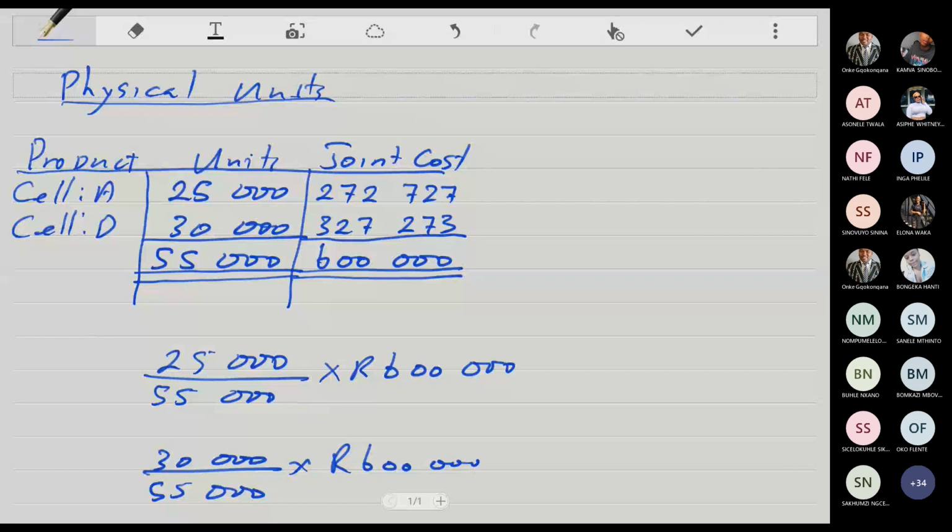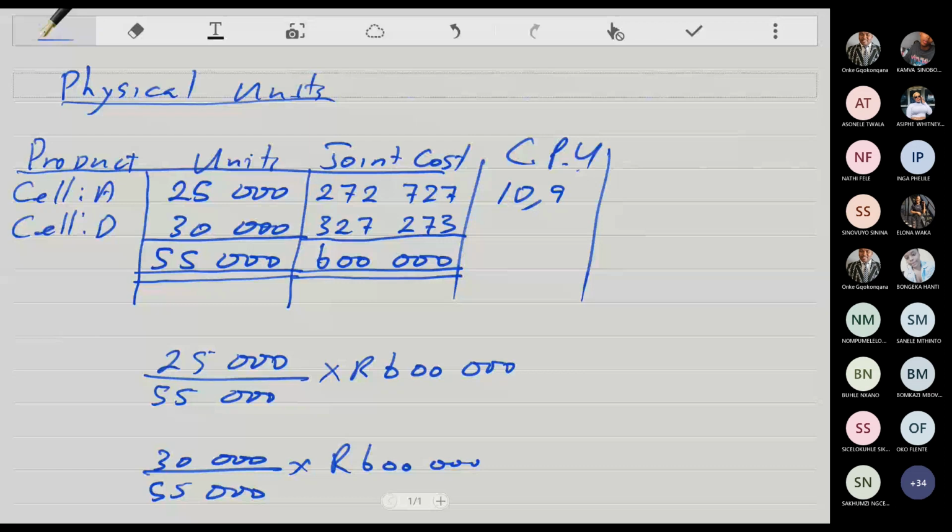As you can see, the advantage is that this is the simplest method you can use. They also said the cost per unit is the same. You can test that by taking 272,727 and dividing it by 25,000 units. It's going to give us 10 rand 91 cents.